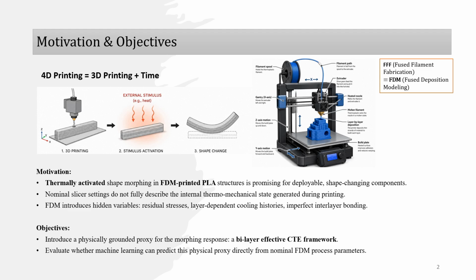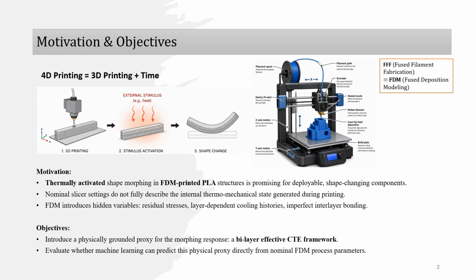The motivation for this study is that thermally activated shape morphing in FDM printed PLA structures is promising for deployable and shape-changing components. However, the final morphing response is not controlled only by the nominal slicer settings. Parameters such as printing speed, layer height, nozzle temperature, and bend temperature are important, but they do not fully describe the internal thermomechanical state generated during printing.